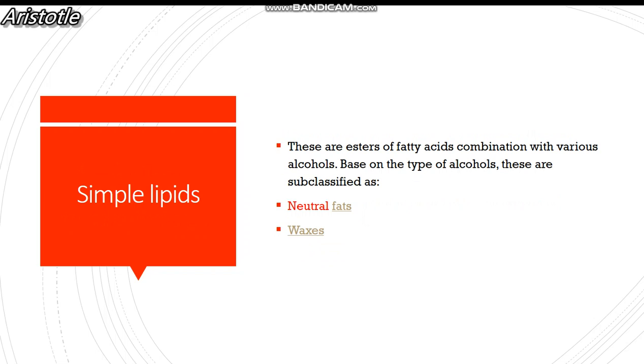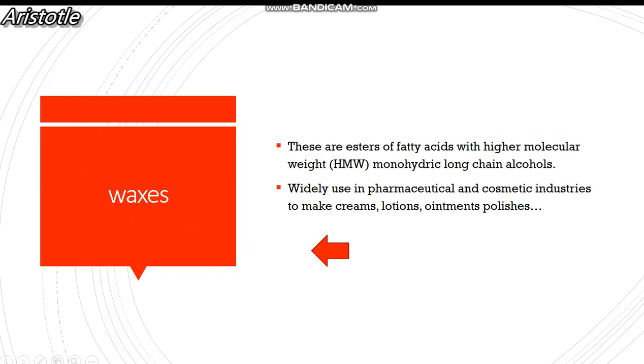Let's talk about the waxes. The waxes are esters of fatty acids with higher molecular weight, monohydric long chain alcohols.